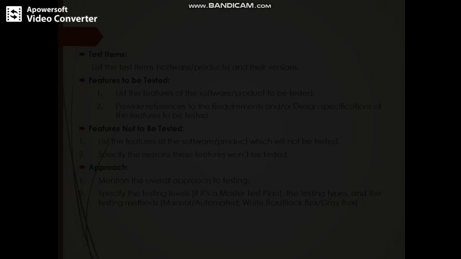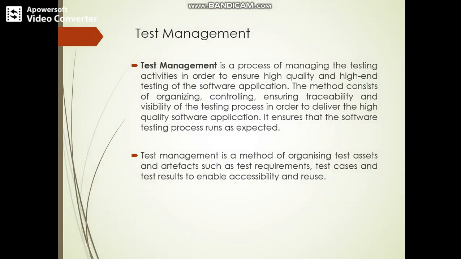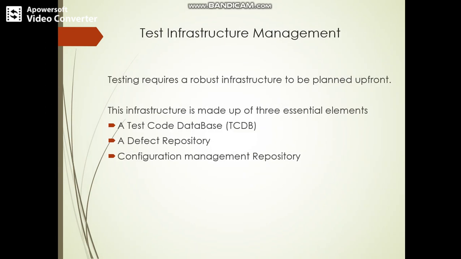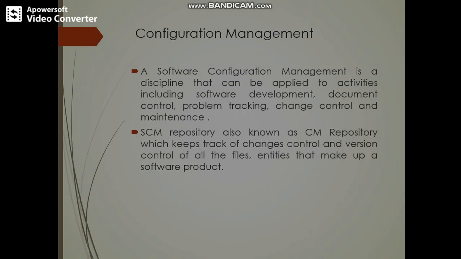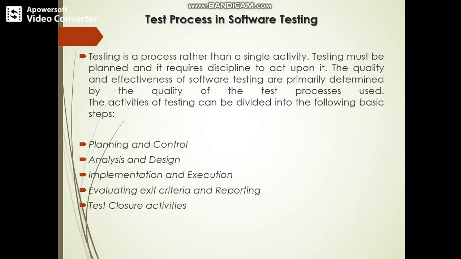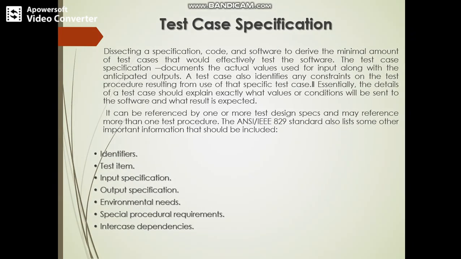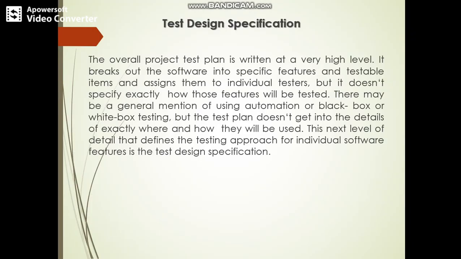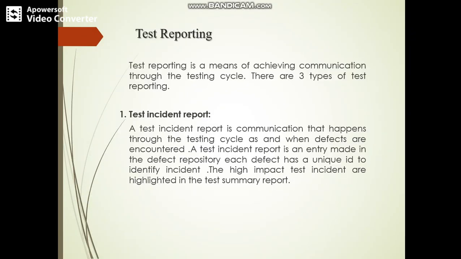In the next session we will see the other parts, other phases of test management, that is test infrastructure management, then test people management. We will discuss the test process in software testing. In the test process we will see test design specification, test case specification, test procedures and test reporting.